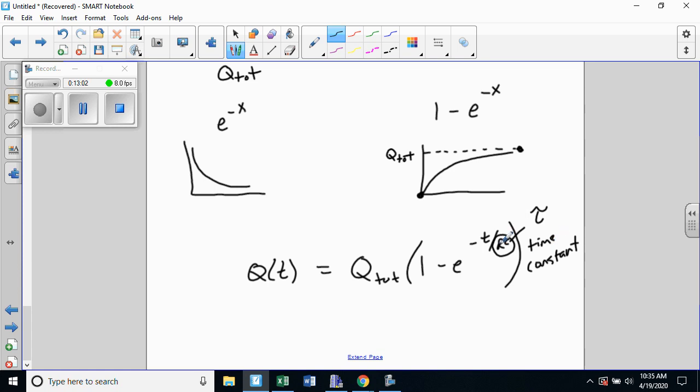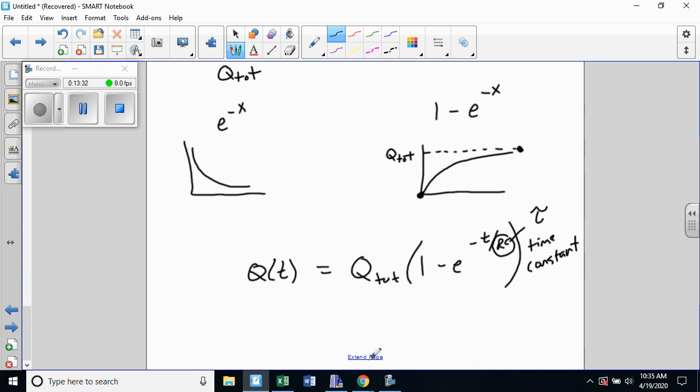If you have a really low resistance, this thing charges up almost instantaneously. So this curve becomes a lot steeper and it goes up to Q total almost instantaneously. If you have a really large capacitor and a really large resistor, then you can really flatten this curve a bit. That's sort of a terrible joke there. But you can make this charge up over a lot longer period of time. And depending on your application, you can play around with this time constant to get exactly what you want.